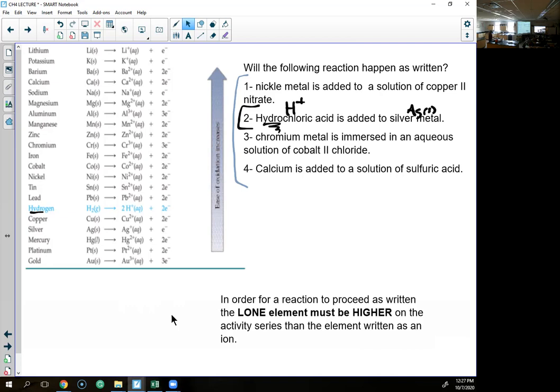All right, here we go. So nickel, let's clear this all out. Nickel is right here, right?